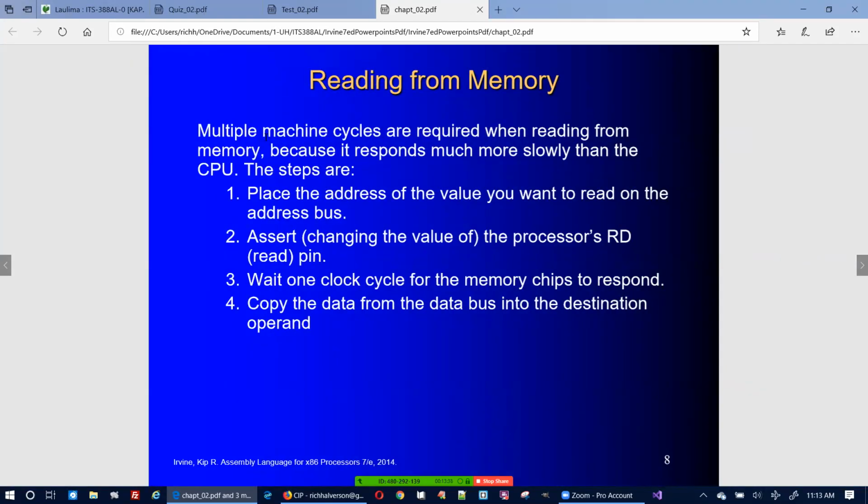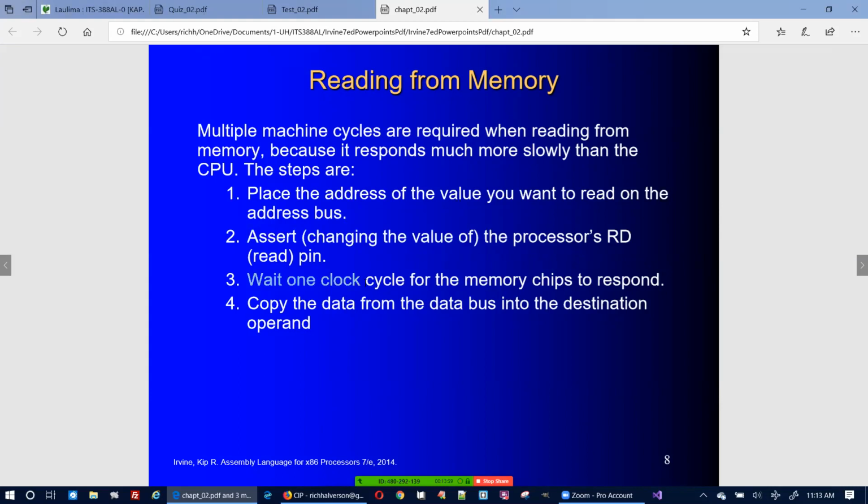Okay, reading from memory. Steps. Multiple machine cycles are required to read from memory because it responds much more slowly. So what happens is the address is placed on the address bus, and then a signal on the control bus gets yanked down or yanked up, which says read instead of write.